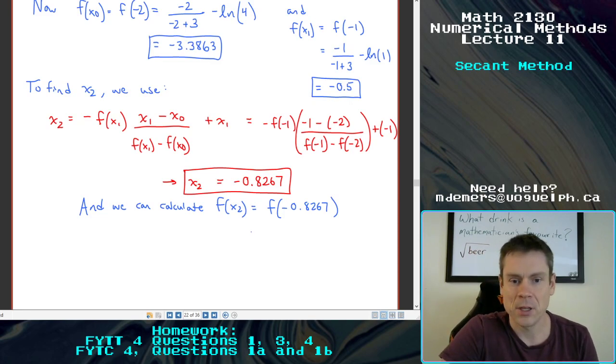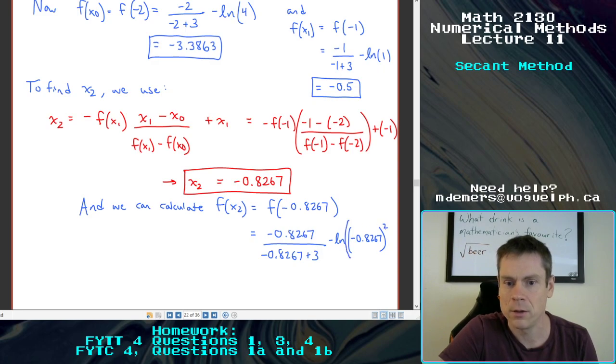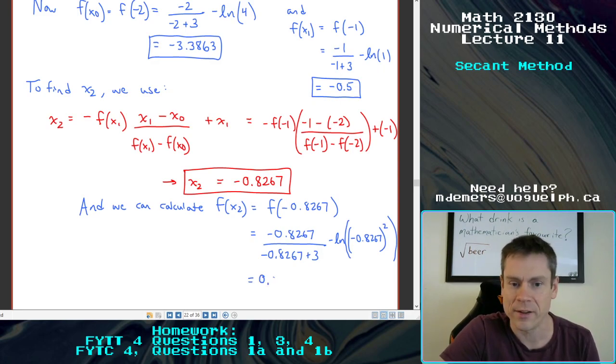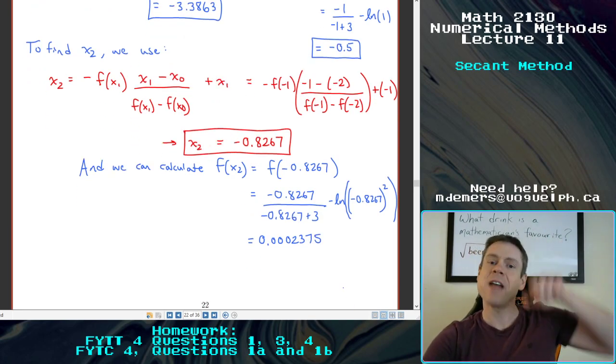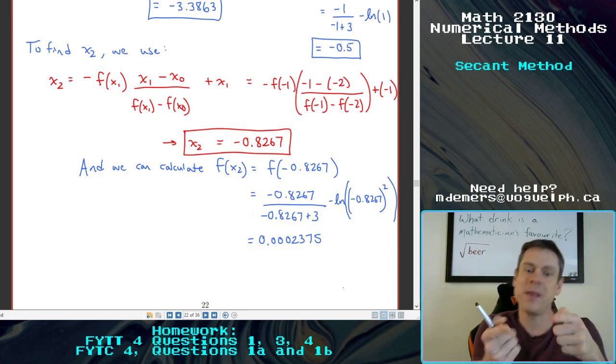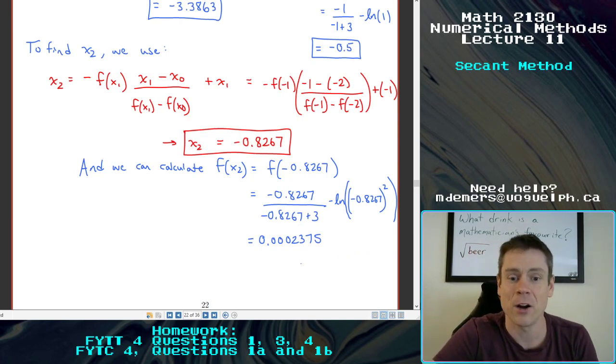If you do, you're going to end up with minus 0.8267 over minus 0.8267 plus 3 minus the ln of minus 0.8267 squared, like so, and that should work out to about 0.002375. So look at that. Our next estimate that we got, this x2, has to be something close to the root, because the height of the function there is so close to 0 already. So we're already close to the root.